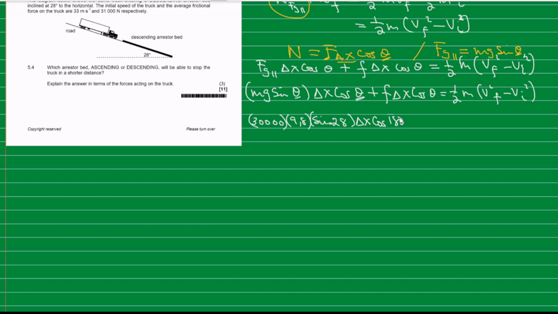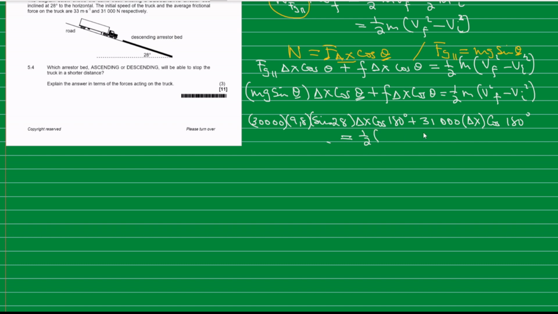So we have cos 180 plus the frictional force, which is 31,000, times the displacement, which we don't know, cos 180. The frictional force also acts opposite to the displacement.